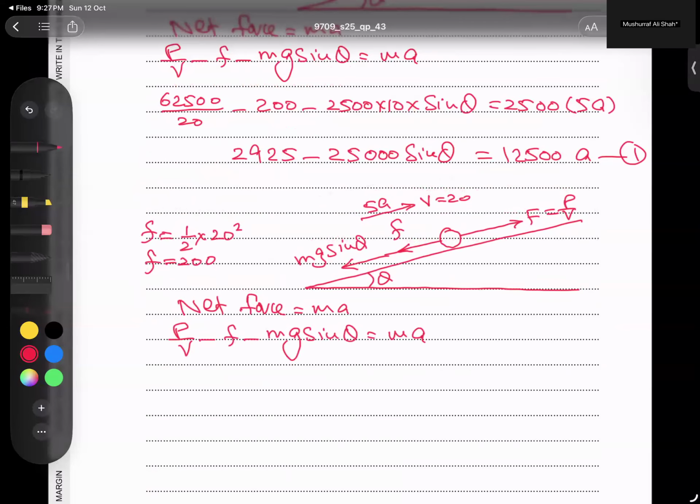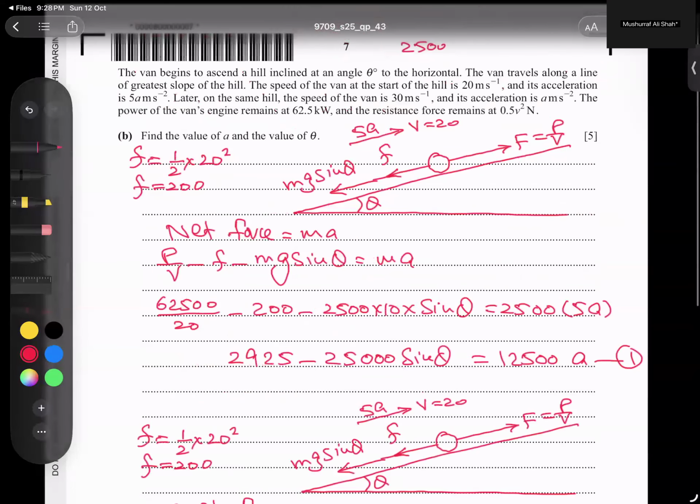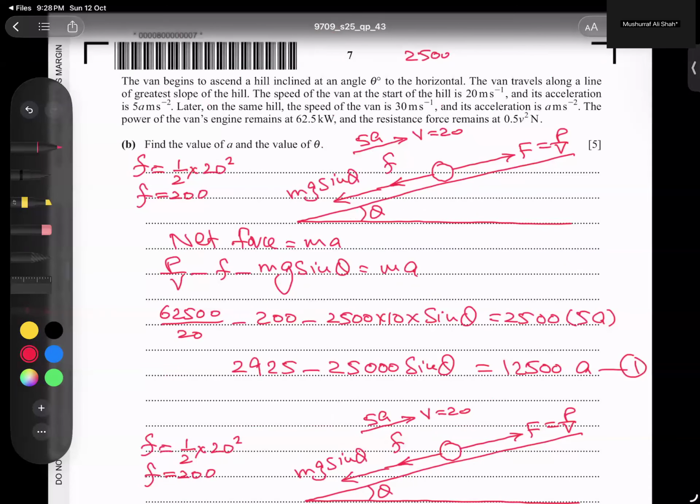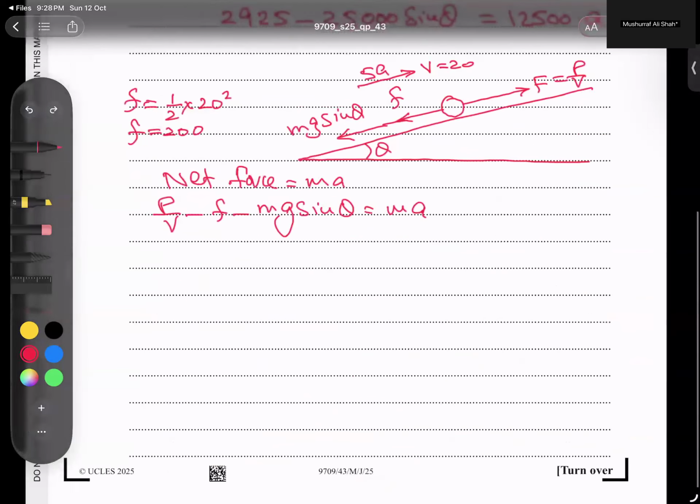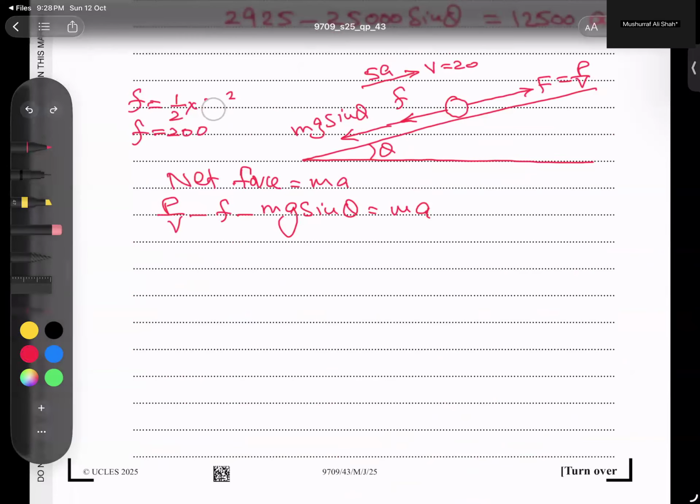Now because he said the speed is 30 now, and acceleration is a. Speed is 30, acceleration is a. So 30 squared. What is 900? 900 divided by 2 is 450.